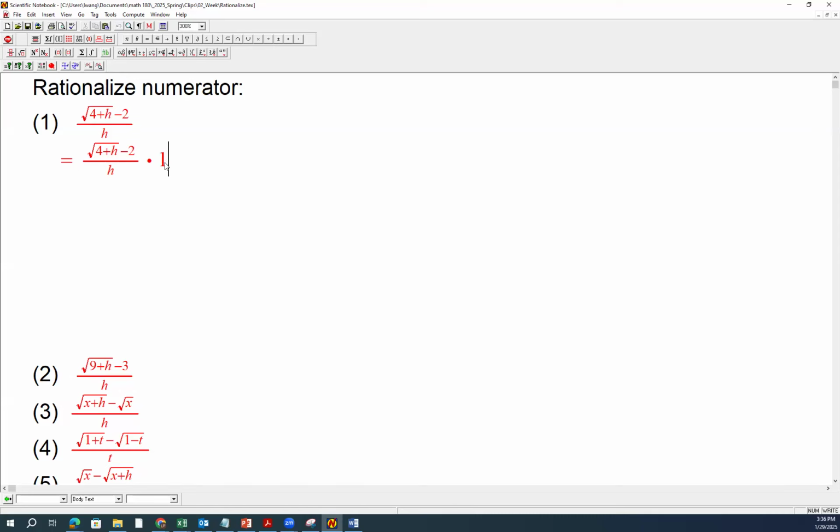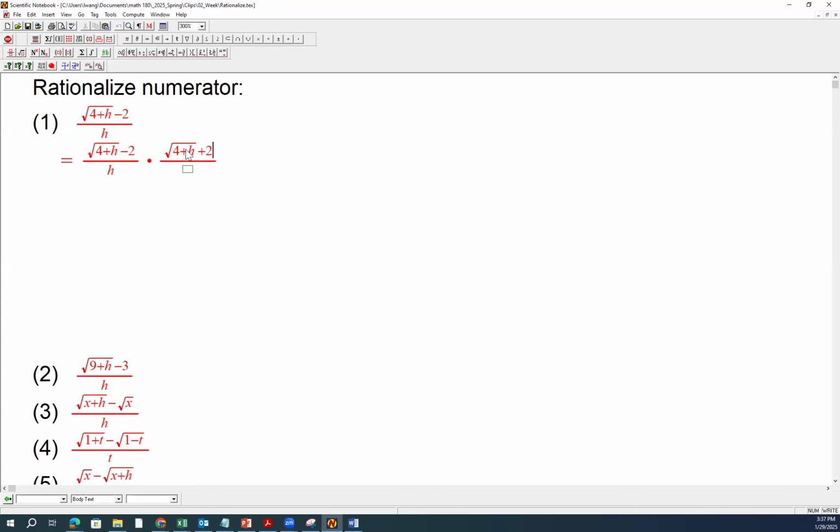But this number 1 of our choice is going to help us get rid of the radicals in the numerator. The choice of this 1 is going to be a quantity that is the conjugate of root of 4 plus h minus 2, which is root of 4 plus h plus 2.